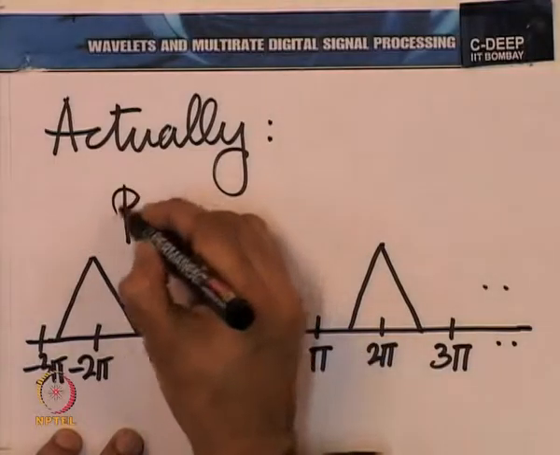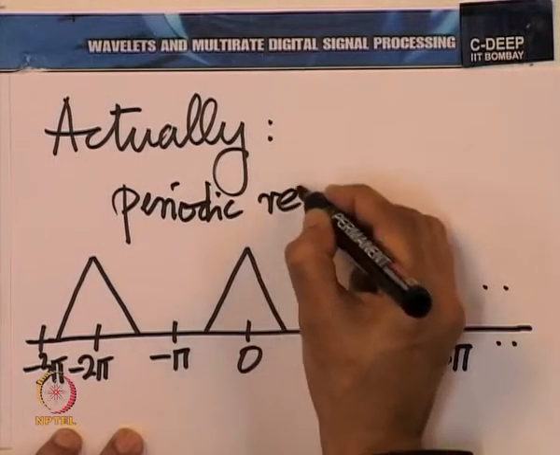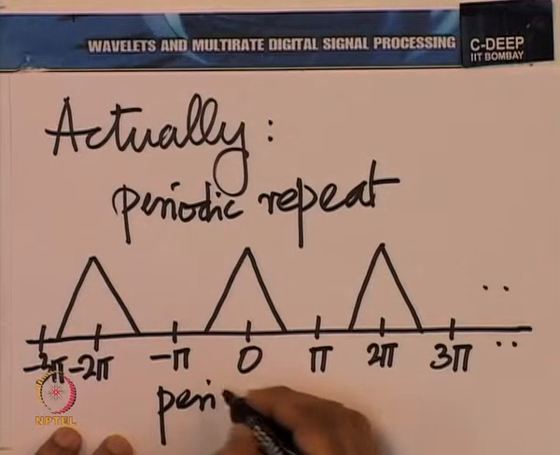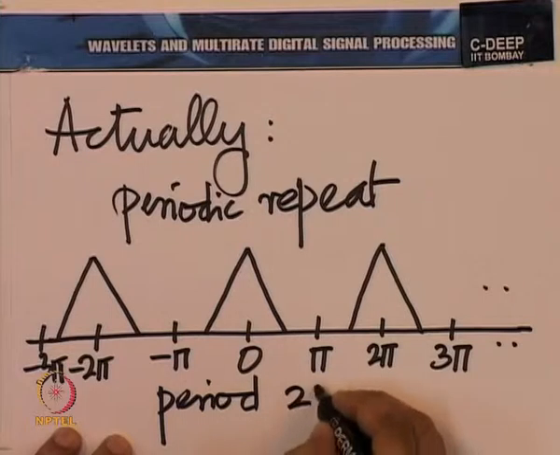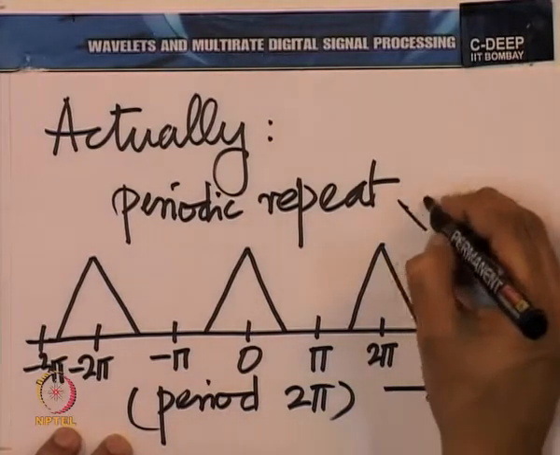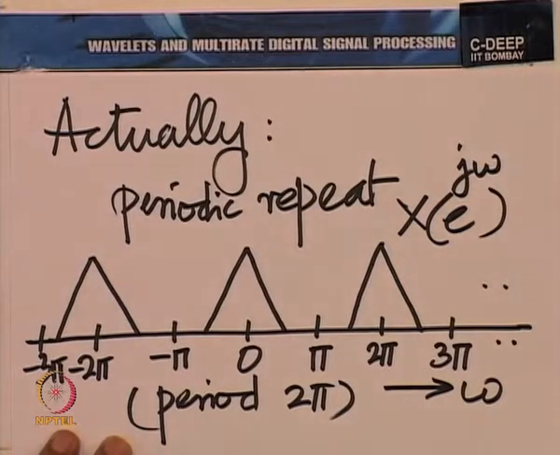Periodically repeat it, with a period of 2 pi. This is what X of e raised to the power j omega actually is.